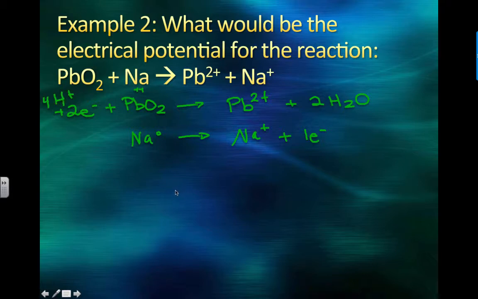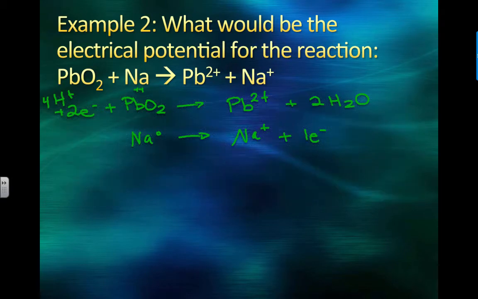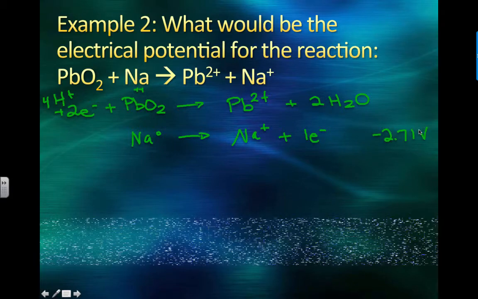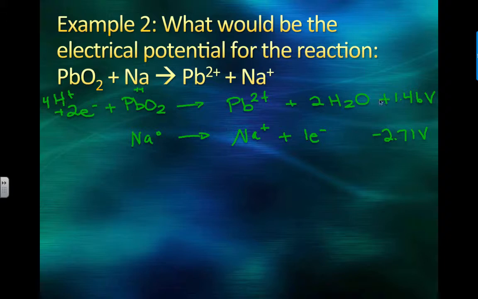So there's my half reactions, and I need to look up the cell potential. For sodium, it's a negative 2.71 volts. And then for the lead 4 reaction to lead 2, that's positive 1.46. Well, at least this one's easier to decide which one should be the cathode, right?